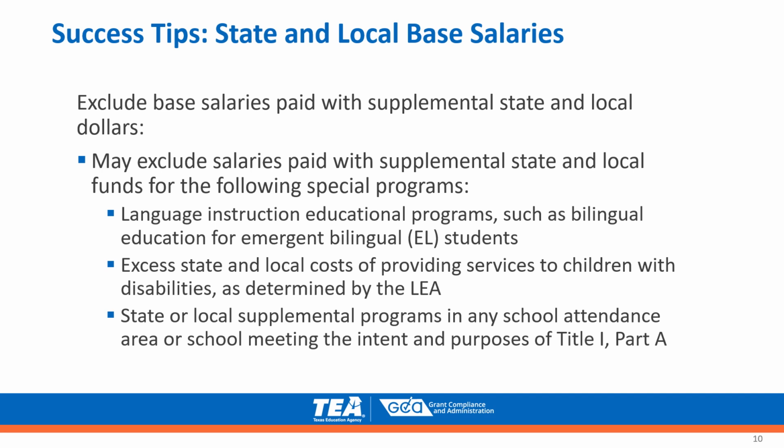Language instruction educational programs such as bilingual education for children with limited English proficiency, English as a second language (ESL) services, excess state and local costs of providing services to children with disabilities as determined by the LEA, and state or local supplemental programs in any school attendance area or school which meets the intent and purposes of Title I Part A.